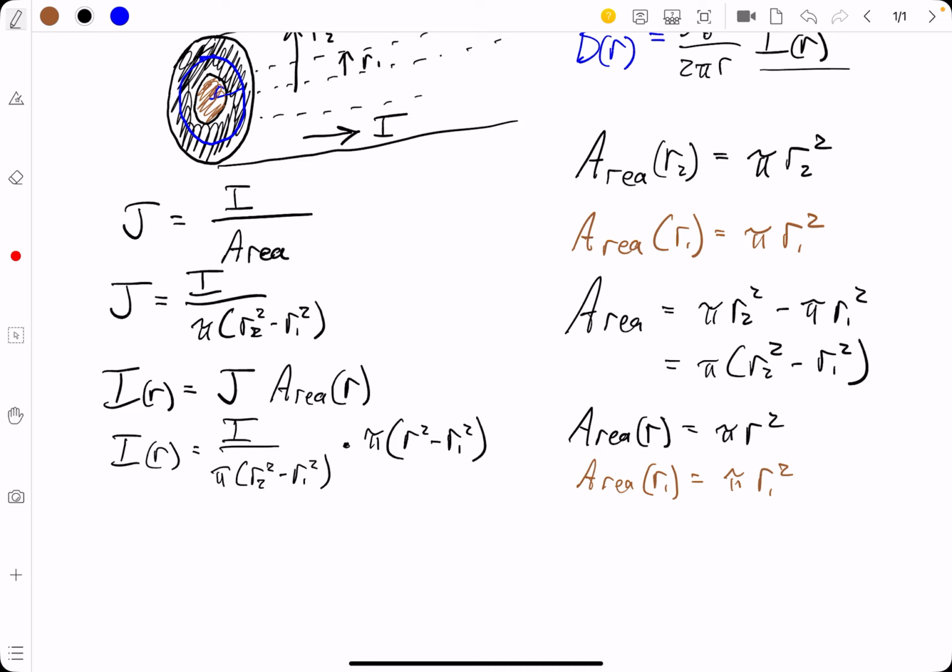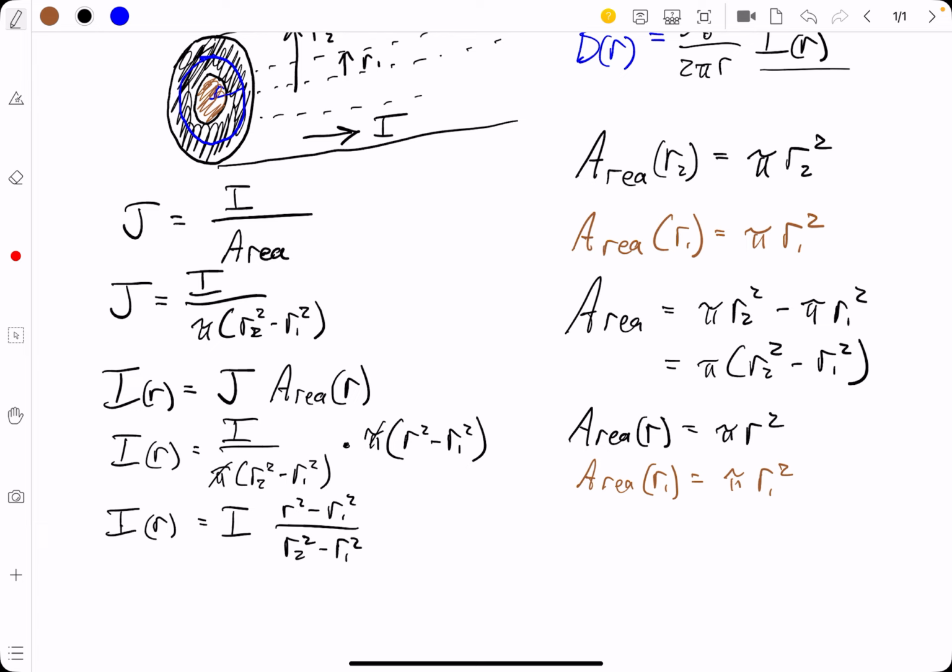And of course, this cancels out with that, and we're left with I(r) is equal to I times r squared minus R1 squared over R2 squared minus R1 squared.